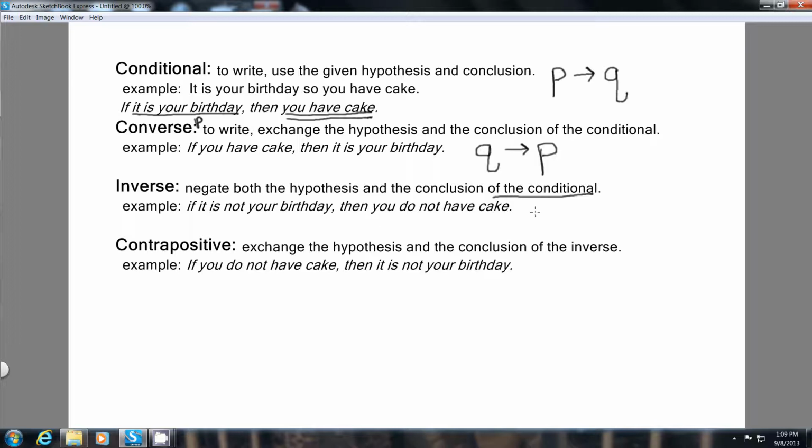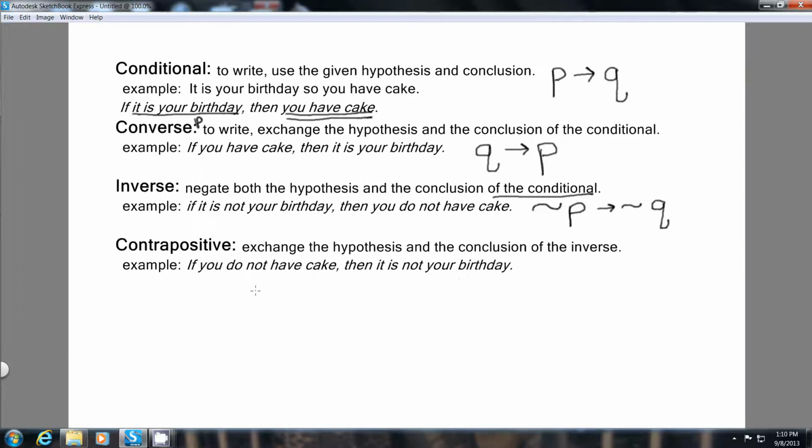In symbols, remember the negation symbol looks like part of the approximation symbol. If not P, then not Q. That's our inverse statement.